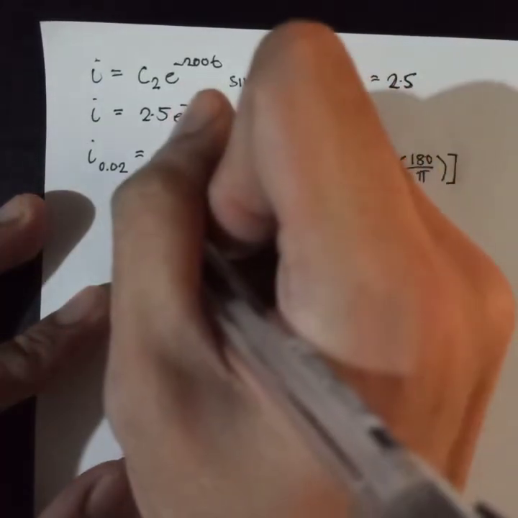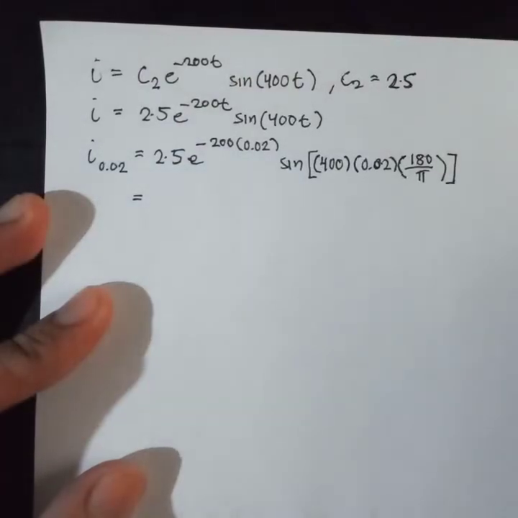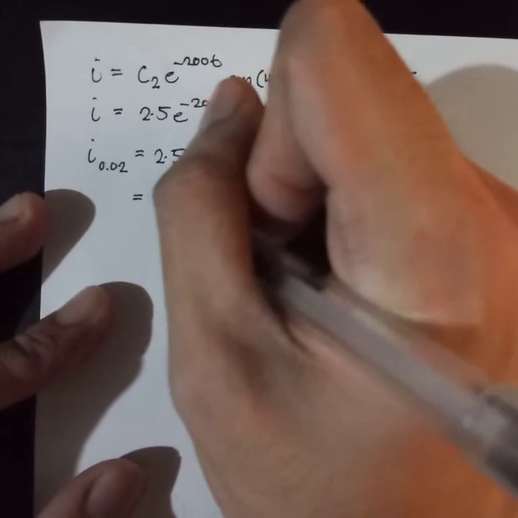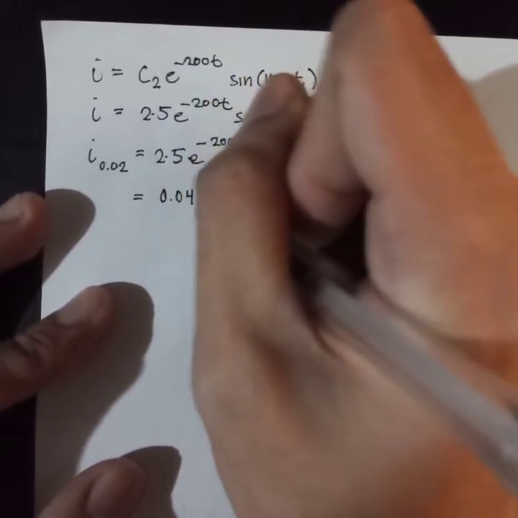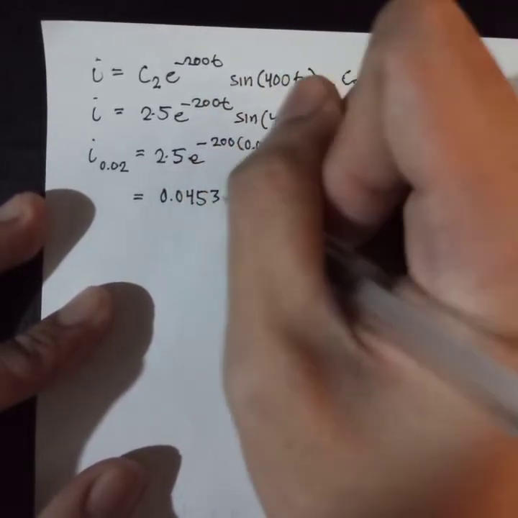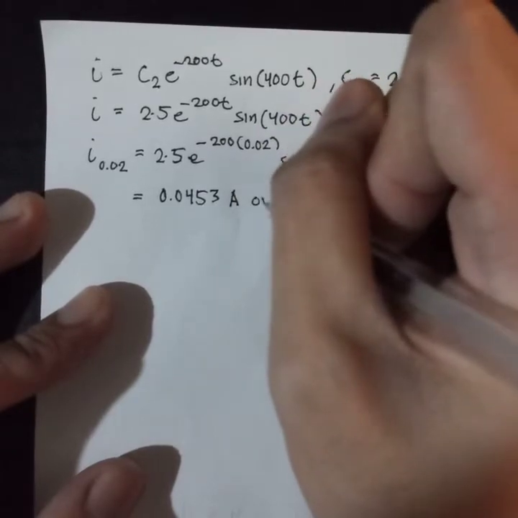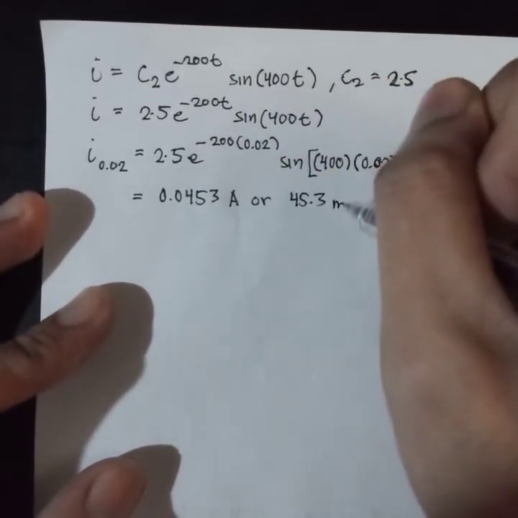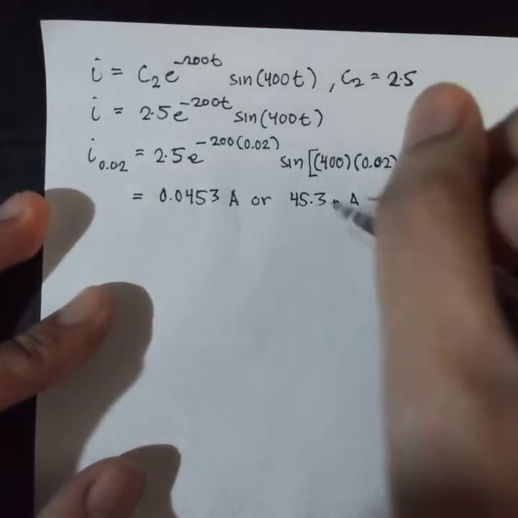Therefore, we now get the instantaneous current at 0.02, which is 0.0453 amperes, or 45.3 milliamperes.